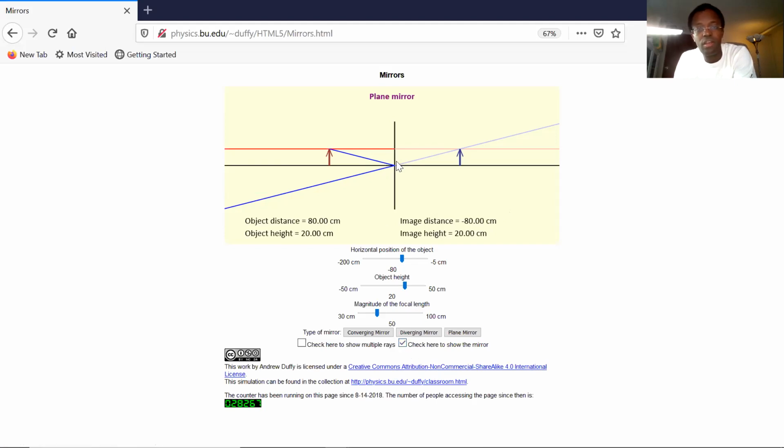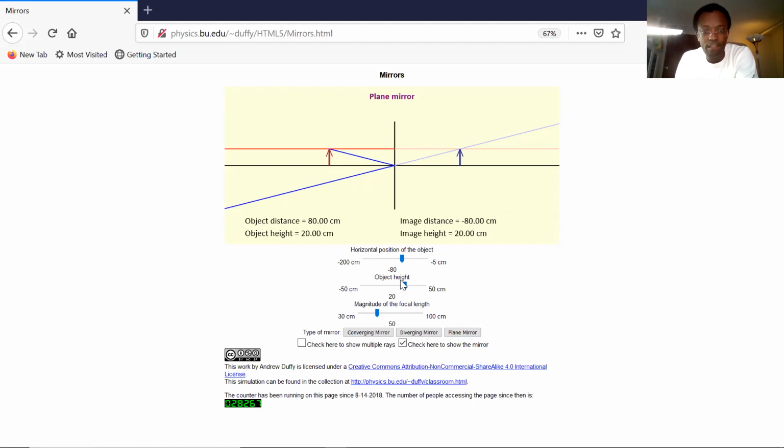Now, the arrow on the left is the object. The arrow on the right is the image, made by the mirror.